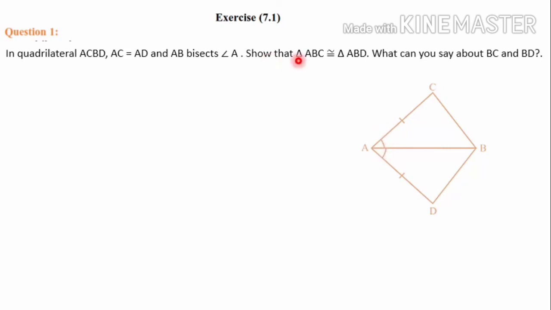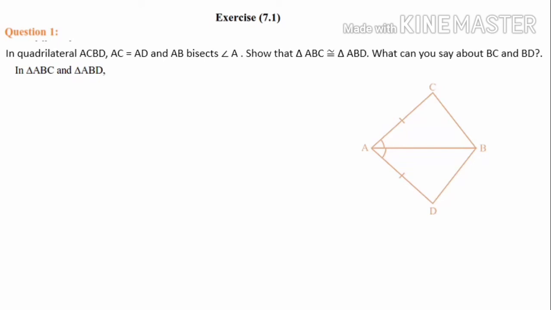Then we have to show that triangle ABC and triangle ABD are congruent. So let's take these two triangles, that is, triangle ABC and triangle ABD. We have to identify the equal parts. We have already learned the congruency criterions and we have to compare the corresponding parts of the triangles which are equal.